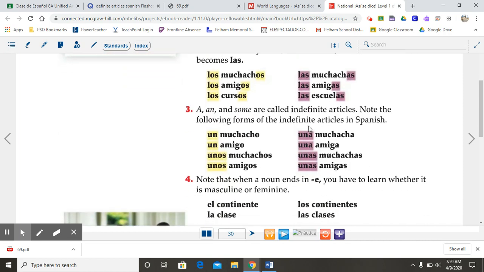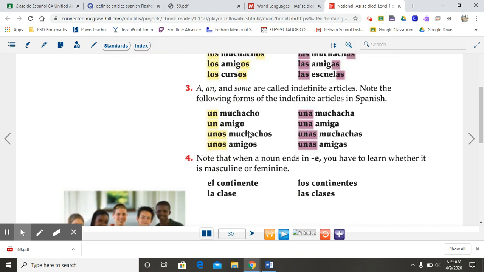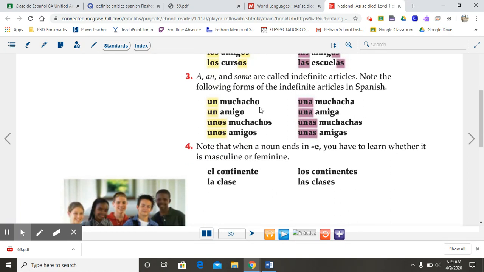Other times you could be talking about something abstract, such as a friend. It could be any friend in the world. A boy, it could be any boy. It's not a specific one, right? So that's where these words come from. That's why they are called indefinite, because they're abstract.